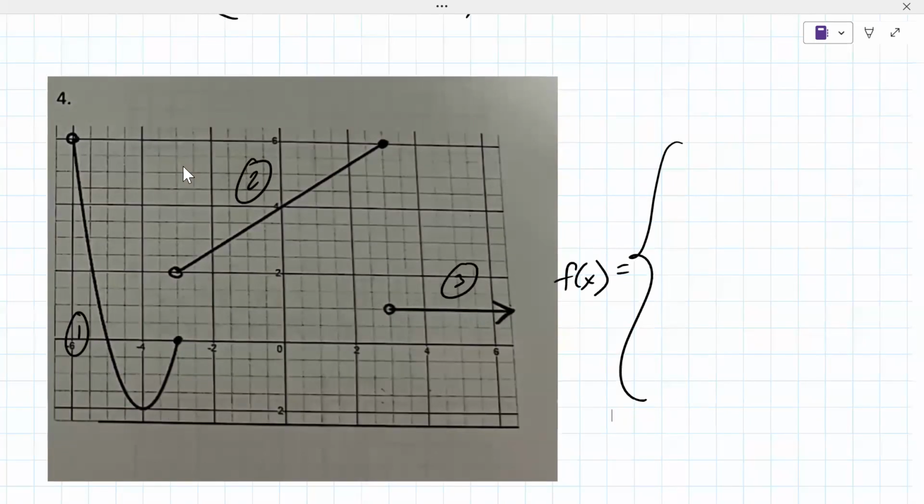So -6 and -3. Yes. So -6. Is it an open or a closed circle here at the top? Open, so that's a no less than or equal. And what symbol goes here for this one? That is the less than or equal to. Yes.